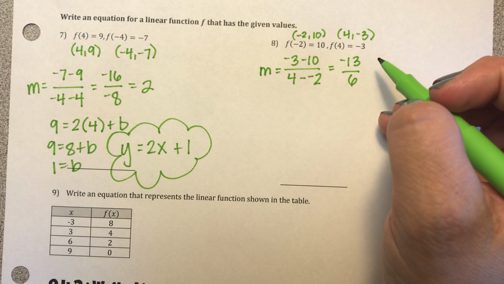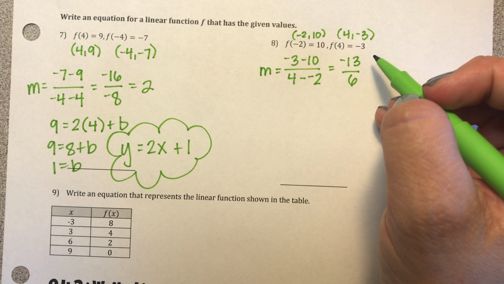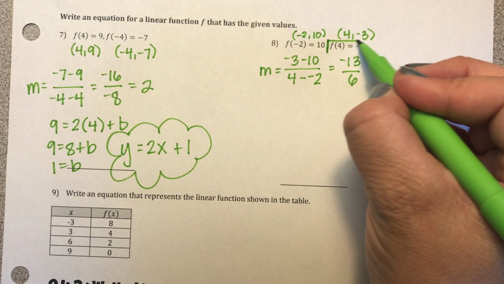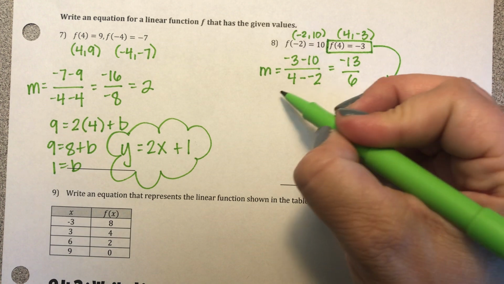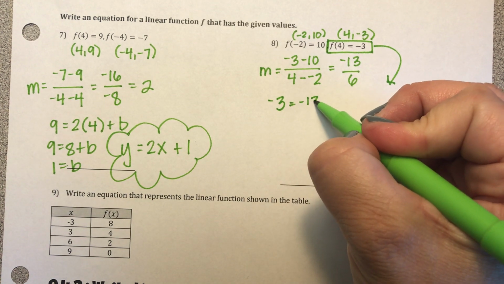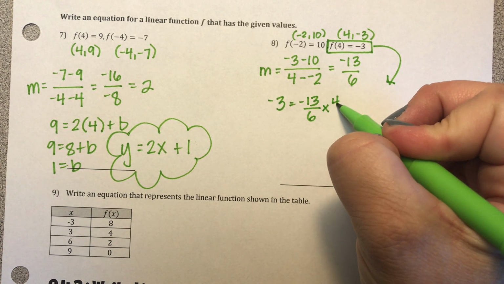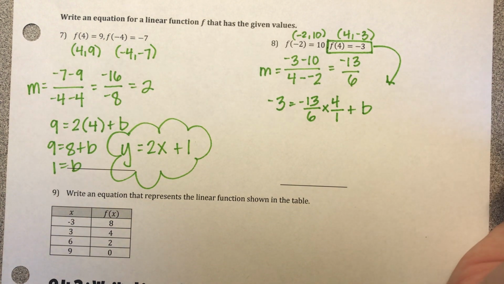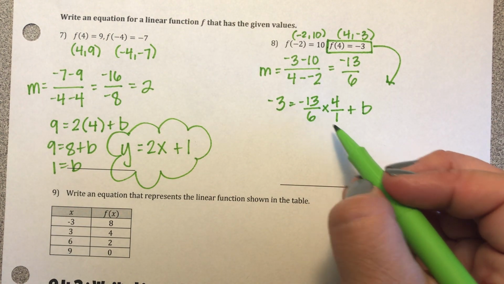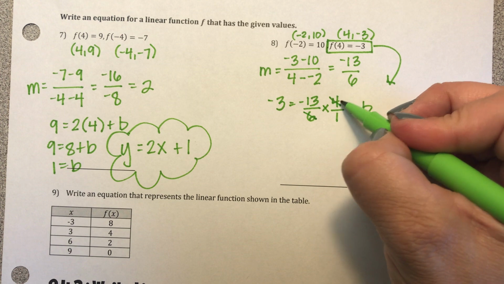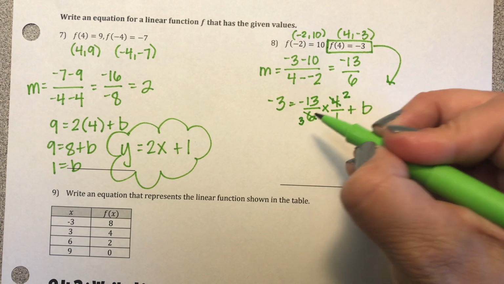So I'm going to use, let's see, this point. So y equals m times x plus b. So I can cross reduce 6 and 4 to make that 2 and 3.